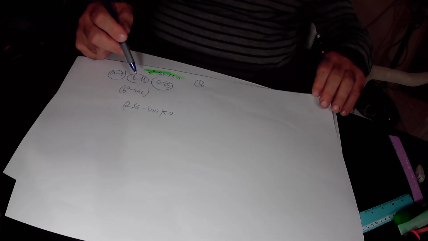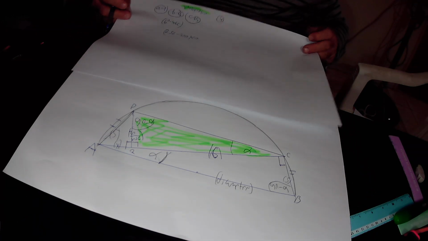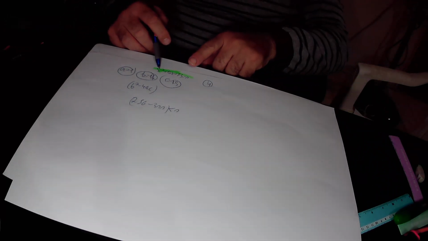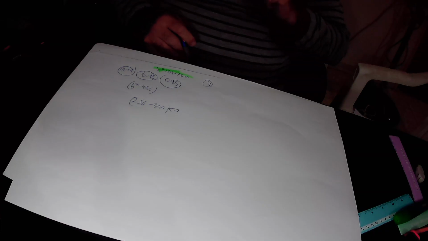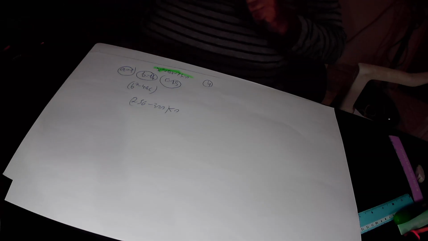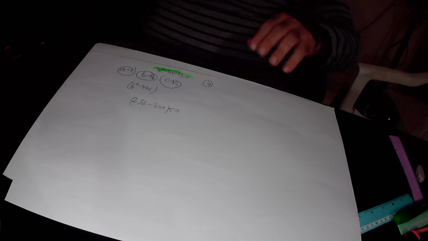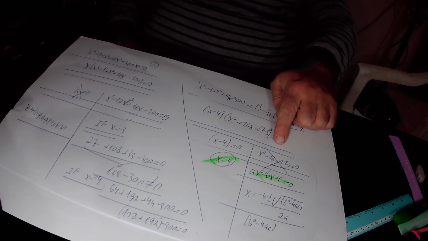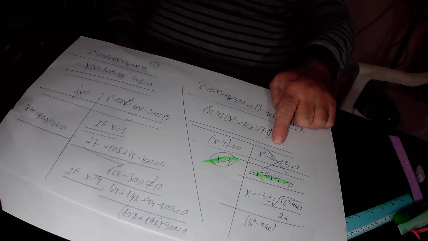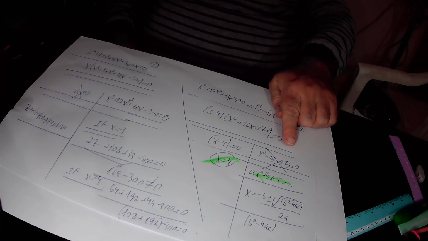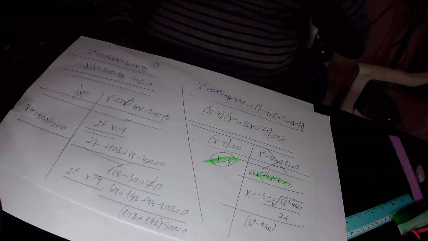And because the discriminant of our quadratic equation is a negative number, it means there is no solution at all. So this quadratic equation, x squared plus 16x plus 75 equals 0, has no solution at all.